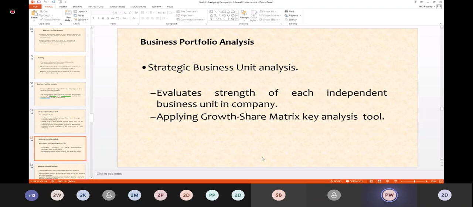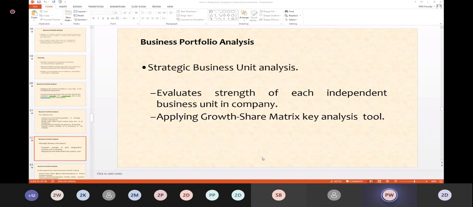Can anybody tell me now what can be called a market share? Before going ahead, I want to understand what you mean by market share. Have you heard this term market share?